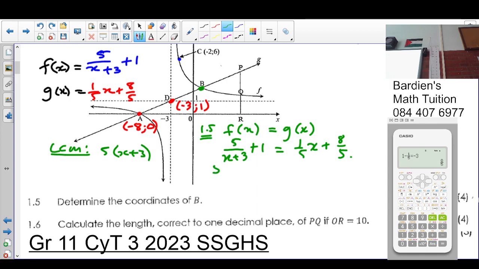So the first fraction must be multiplied by 5. This must be multiplied by the whole 5 into x plus 3. This must be multiplied by x plus 3. This must be multiplied by x plus 3. Okay. Then we get behind the calculator there.